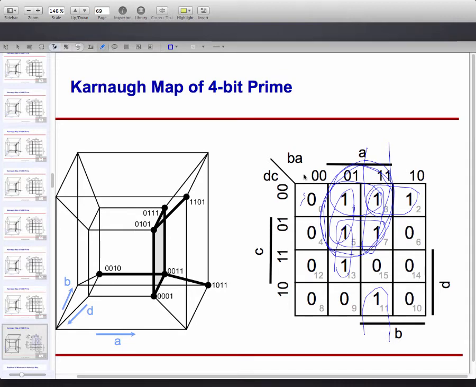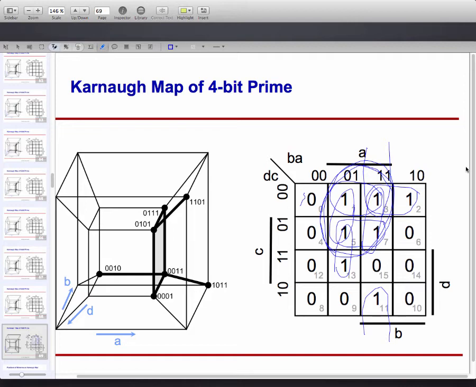And then B changes because B is 0 and a 1 out here and A is 0 out here, okay? So you basically keep track of what is changing. So in this case, B is changing and D is changing and the other two are being held constant. So the four corners would correspond to the face X, 0, X, 0, okay?